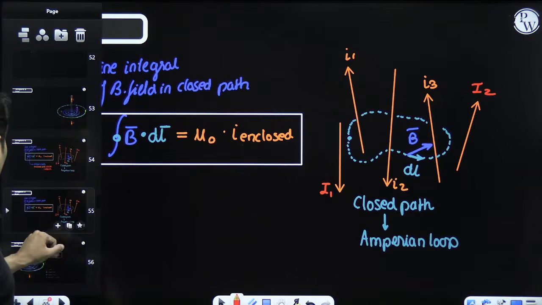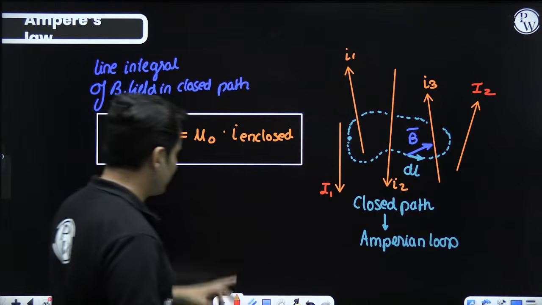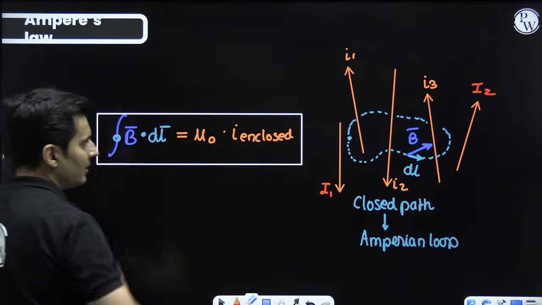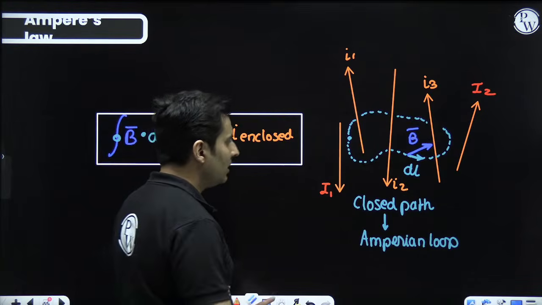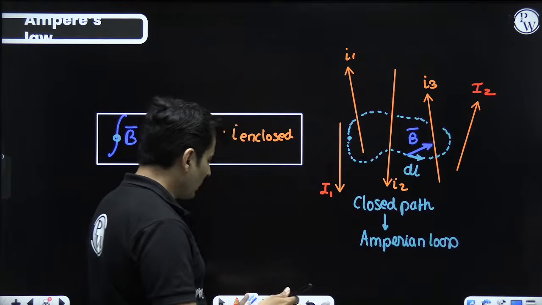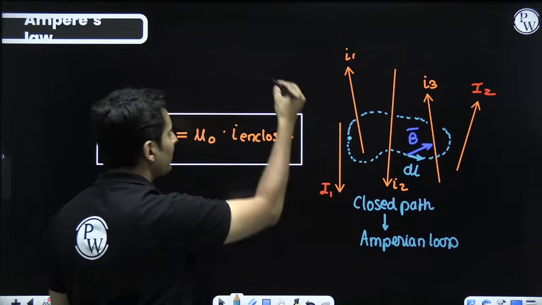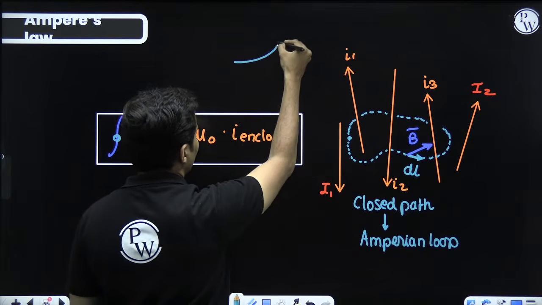So if I ask you what is the enclosed current over here, then the answer is like this. Curl the fingers of your right hand in the direction of traveling the loop. Right now I'm traveling the loop like this.